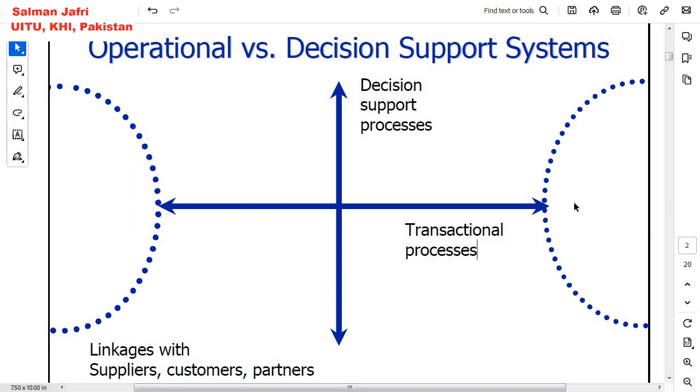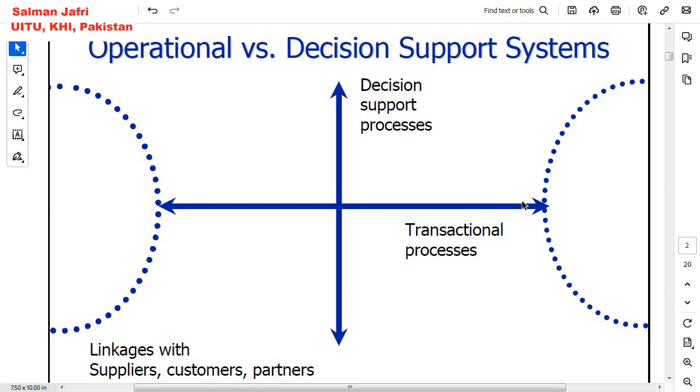So these are the two parties with which we are having the transactions. Supplier might be having a transaction with partner, and supplier might be having a transaction with customers, and so on. So these circles represent the communicating or transactional parties. So transactional processes or operational systems directly deal with these parties, that are suppliers, customers and partners.